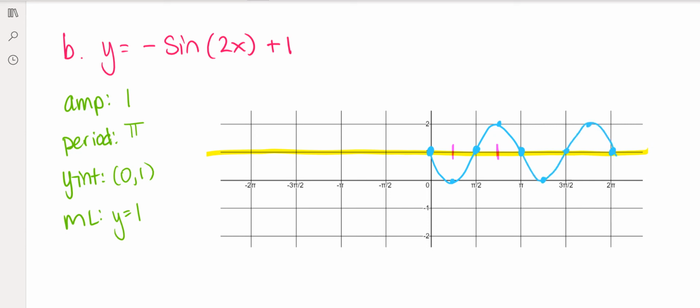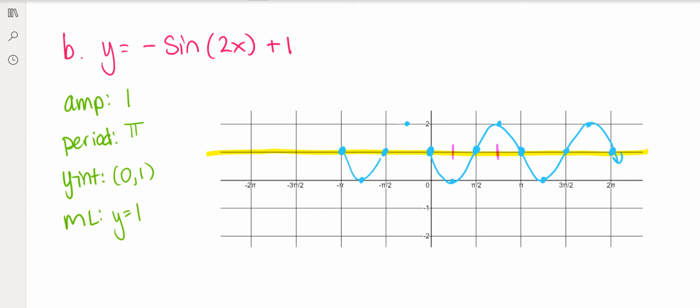Then when you get to the end, put your arrow, and then reflect them about the origin on the other one. So instead of down first, we're going to go up first and then down.